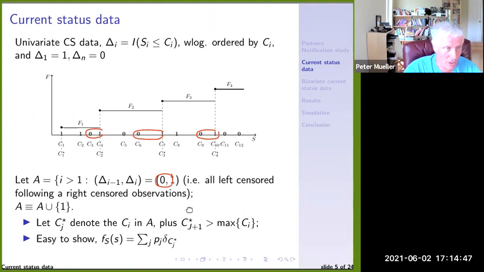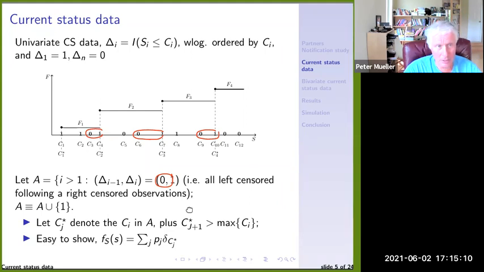So let's first start by talking about univariate current status data, when we just have one event time. Let's call it T_S in anticipation of our application. Then all we get to see for each patient is a censoring indicator delta_i.